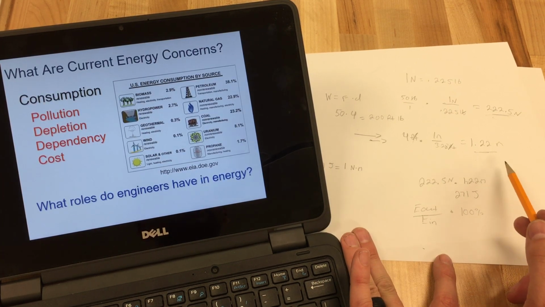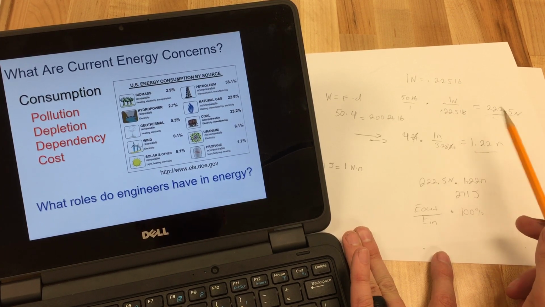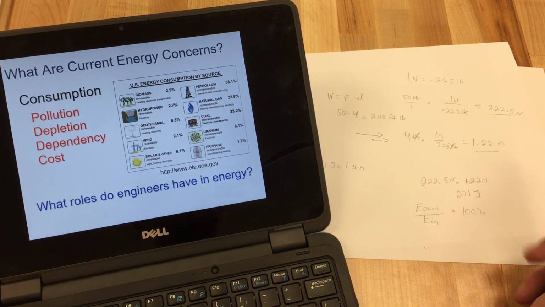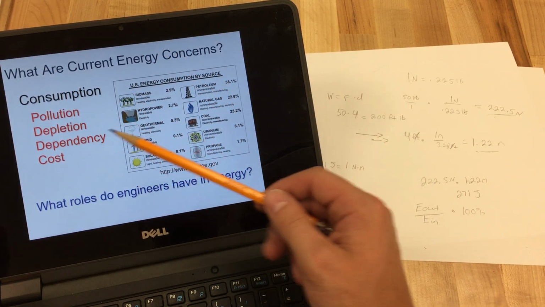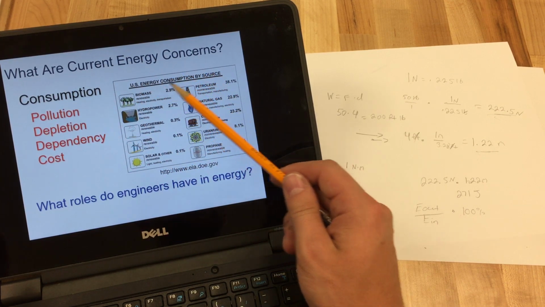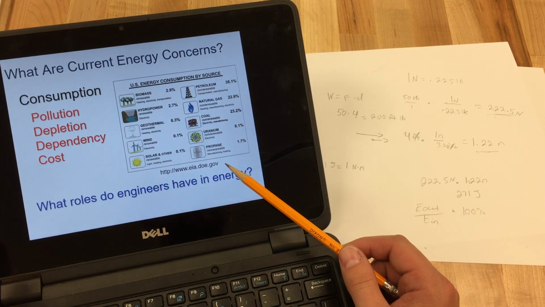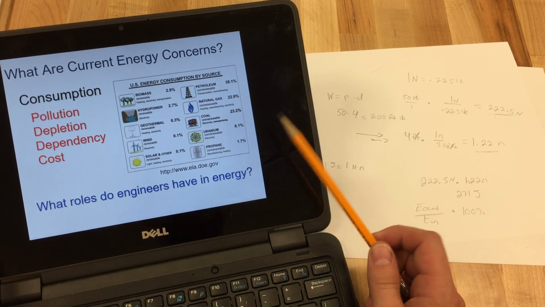What are current energy concerns? As an engineer, what are things that we are looking out for? Consumption, pollution, depletion, dependency on natural resources, the cost. Here's the graph from EIA.doe.gov.